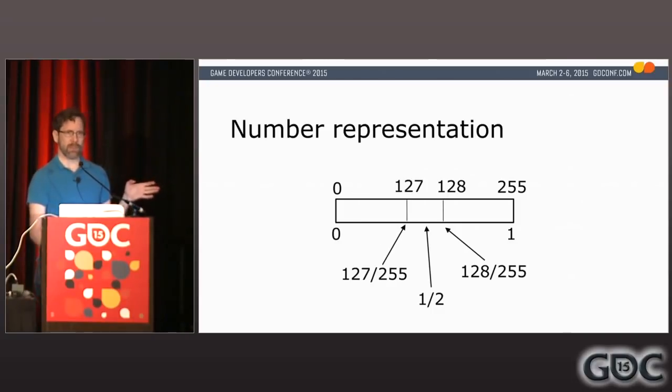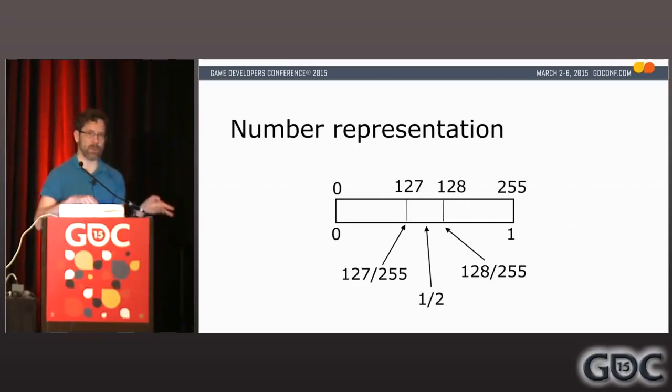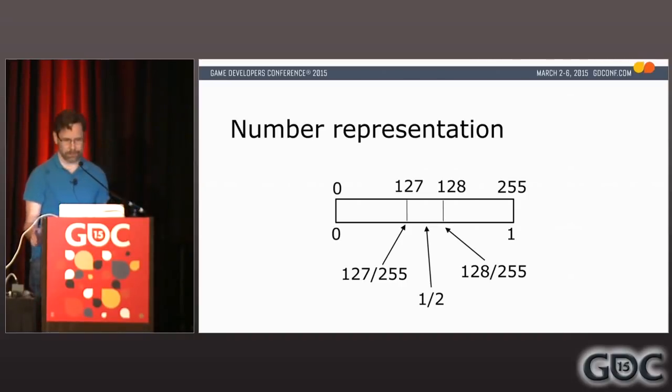An example of the strangeness here is we can't represent 1/2. We can represent things to either side, but we can't represent 1/2 exactly. There are some systems that do assume that 127 or 128 equals 1/2, but then you're kind of mushing one side or the other of your range. So something to keep in mind.